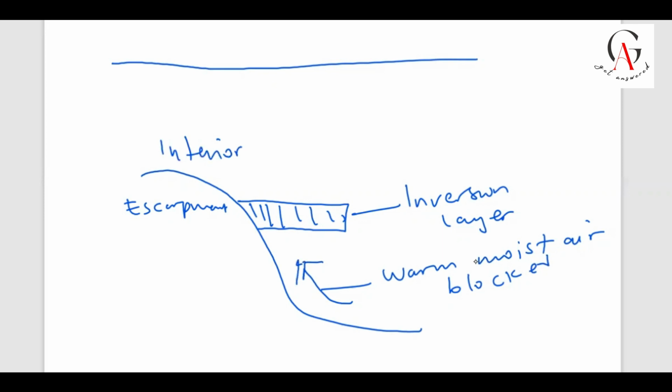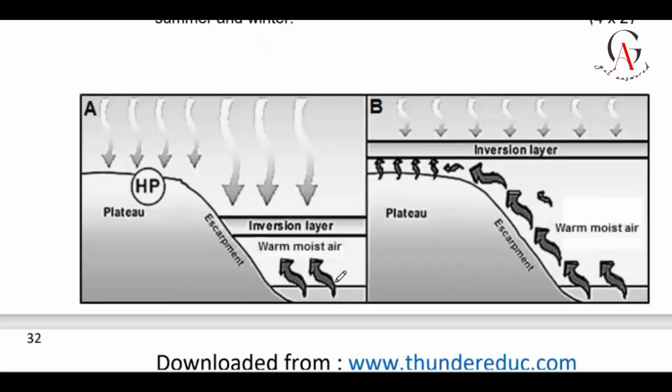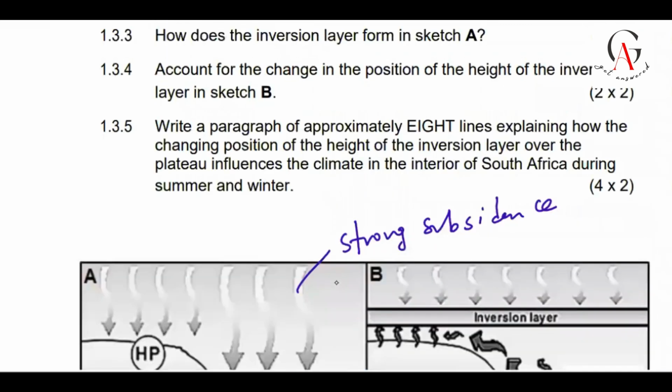So this warm moist air from the ocean cannot penetrate through this point because the inversion layer has been pushed further downwards due to stronger subsidence. Therefore, we say that diagram A represents winter conditions. As you can see here in the diagram, the inversion layer is below the escarpment. And you can see we have a strong subsidence there, forcing the inversion layer below the escarpment.